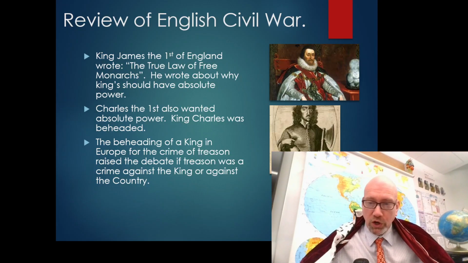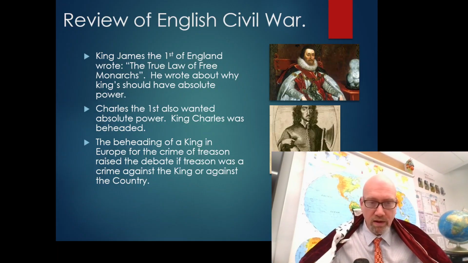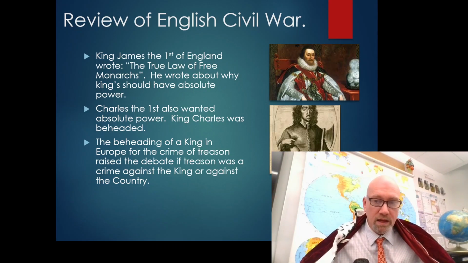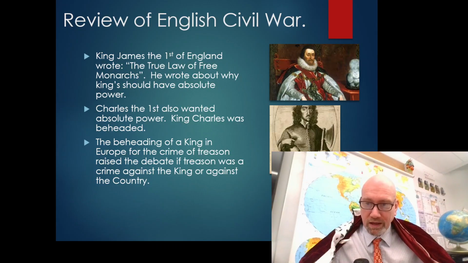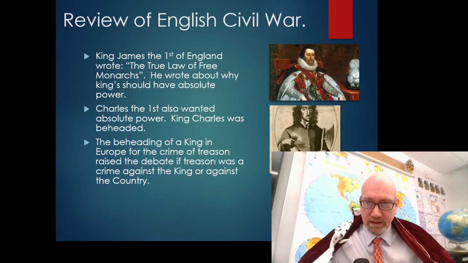Later on, Charles followed in his footsteps with his beliefs, wanting kings to have absolute power. The people didn't like the way he was ruling. There was a war. He was put on trial for treason. He was beheaded. So this set a precedent that the French would have been aware of, where the English have put their king on trial for treason and have cut off the head of an English king.